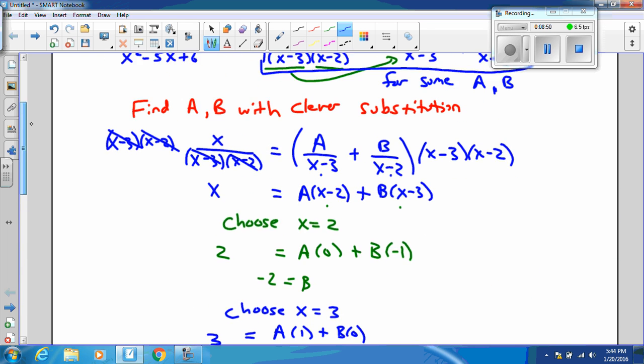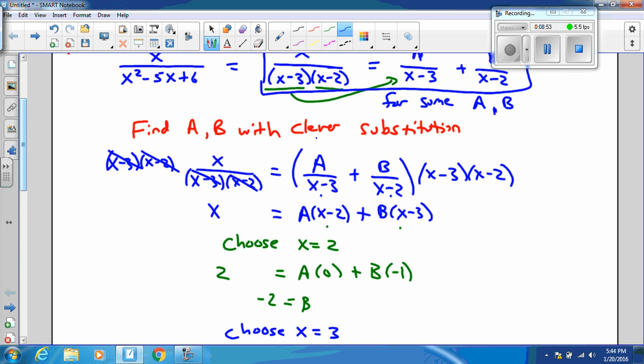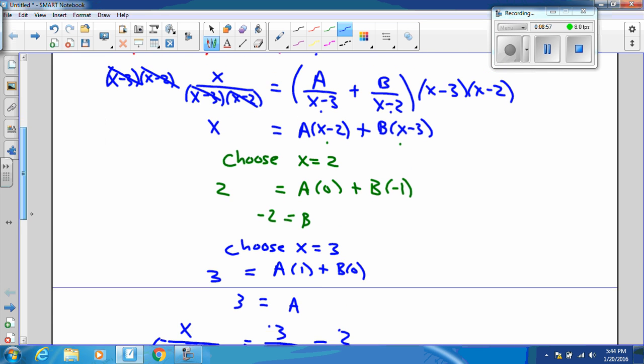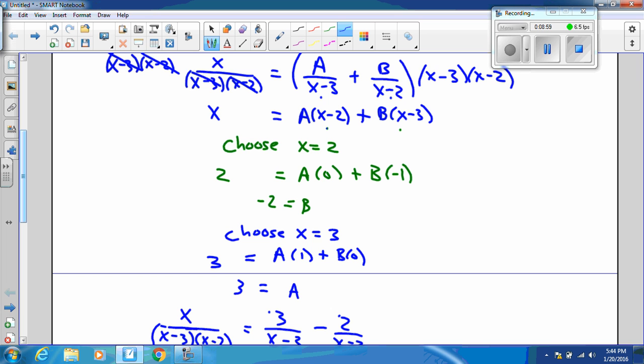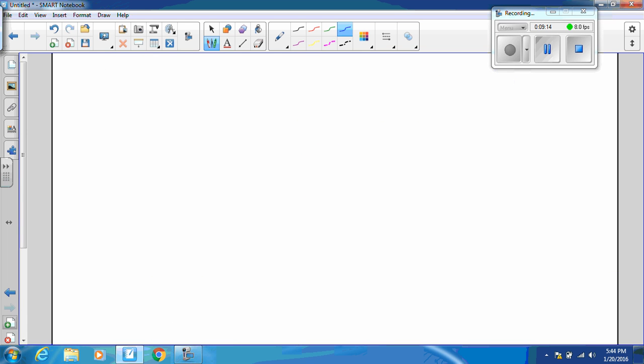So that's the partial fraction decomposition, and the method that we used to find a and b here was clever substitution. Having cleared the fractions, I came back and I chose values of x that would zero out the particular terms that I was presented with, so that I could solve for a and b directly.